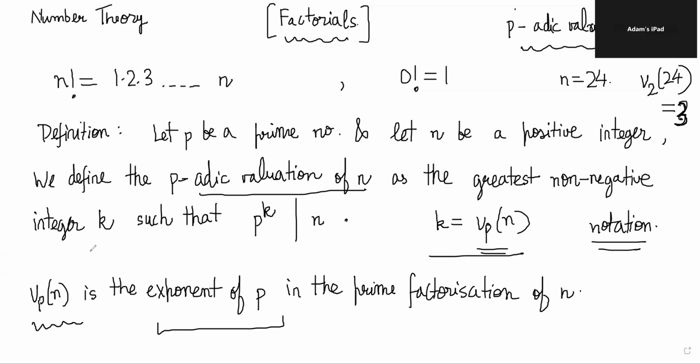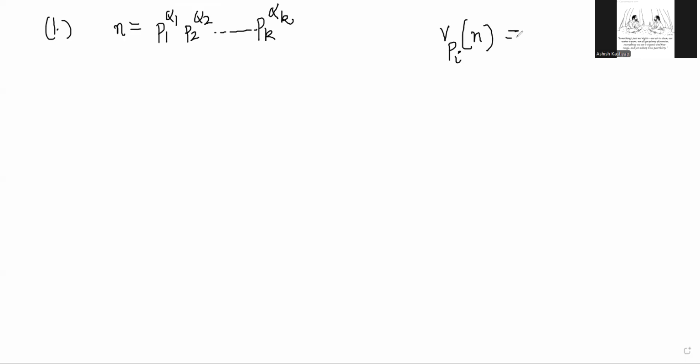Okay, so let's look at some of the basic properties. The first property is that if n is written as p1 power alpha 1, p2 power alpha 2, and so on till pk power alpha k, then v_{p_i}(n) is equal to alpha i.